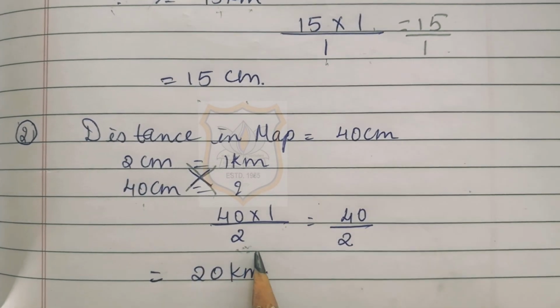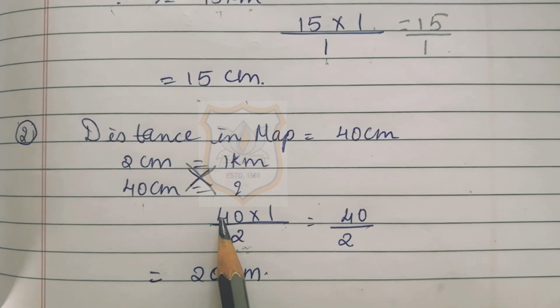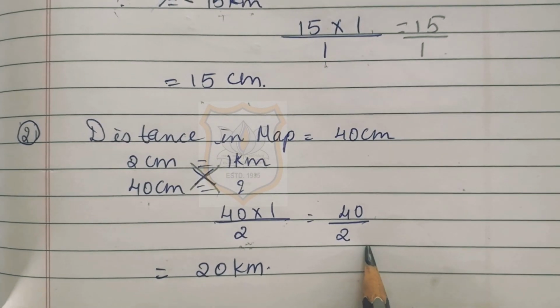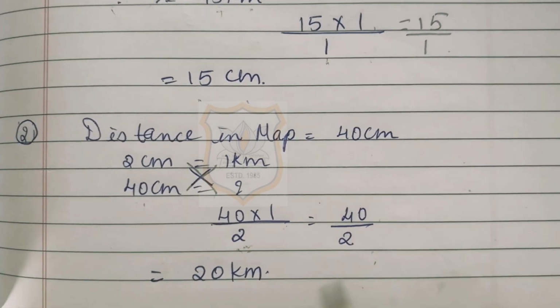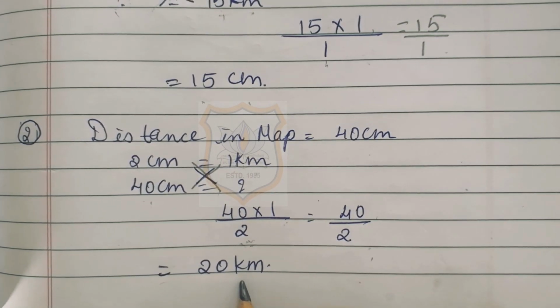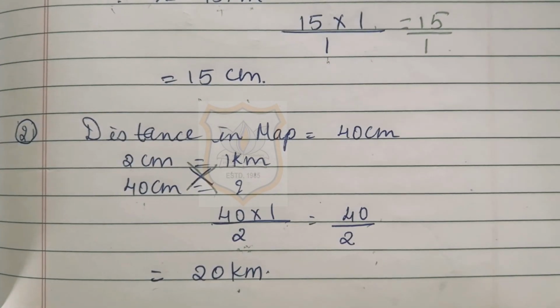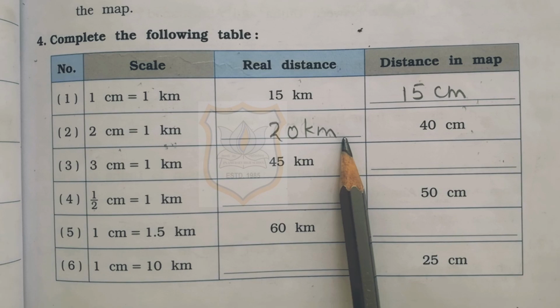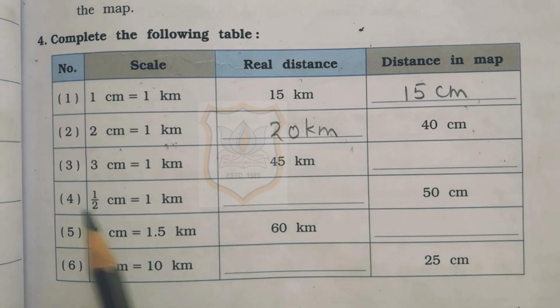We will divide by this 2 the answer we will get by multiplying 40 by 1. 40 into 1 is 40. Here we will write 2 and by dividing 40 and 2 we will get 20 kilometers as an answer. So the real distance is 20 kilometers. Here also we will write the answer as 20 kilometers.